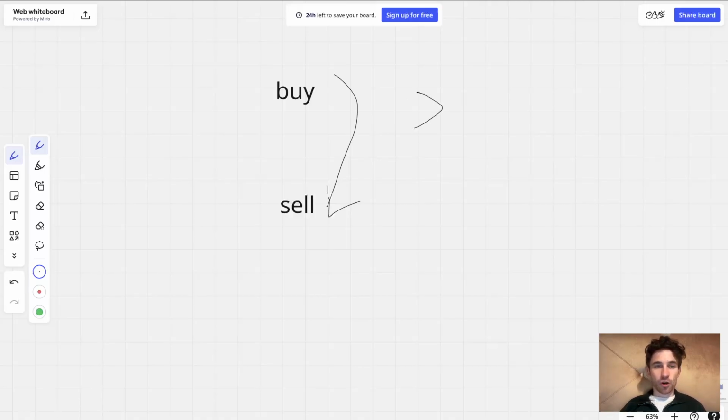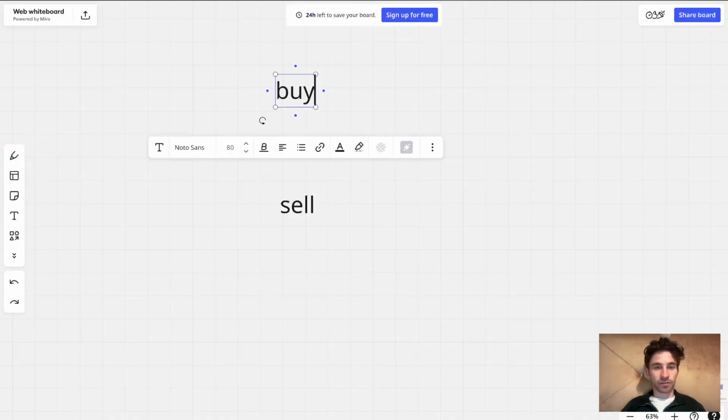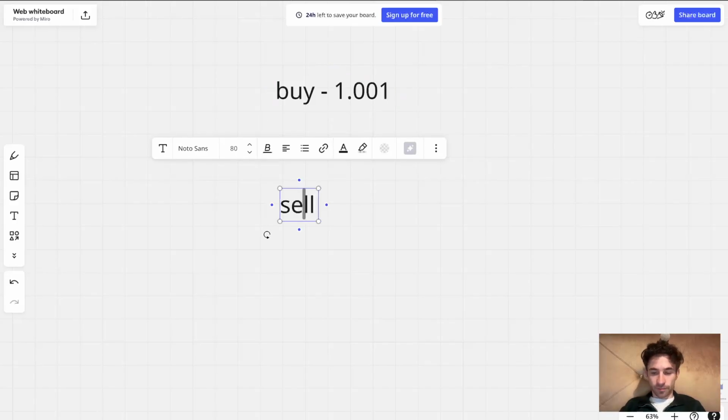To give you a concrete example, let's say that you are trading USD Euro, and it's giving us a buy price at 1.001 and a sell price at just 1.